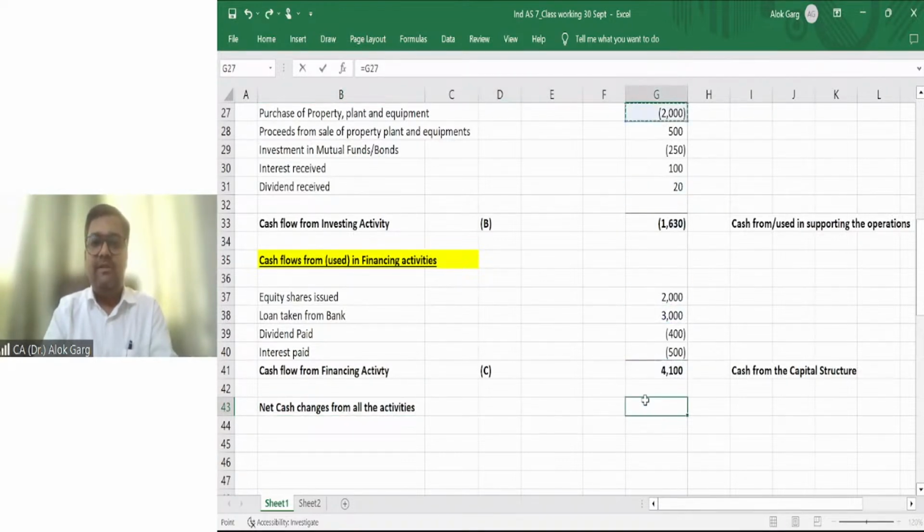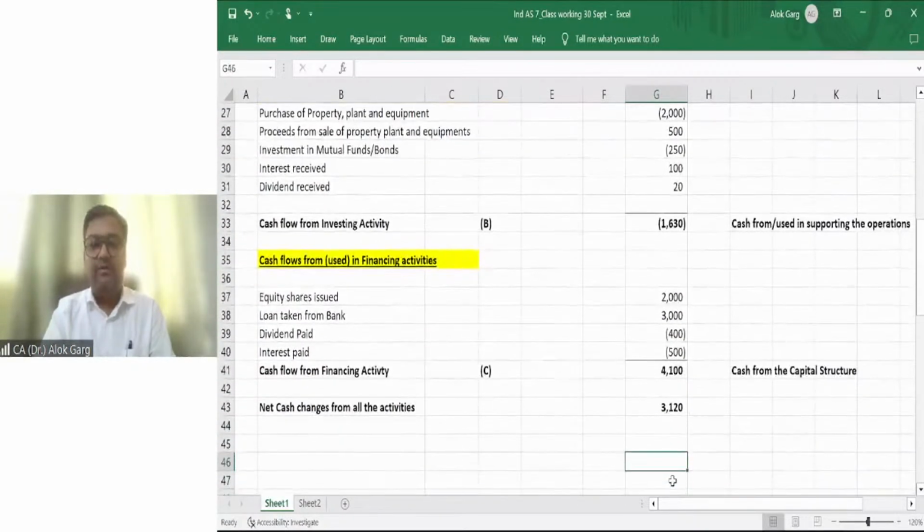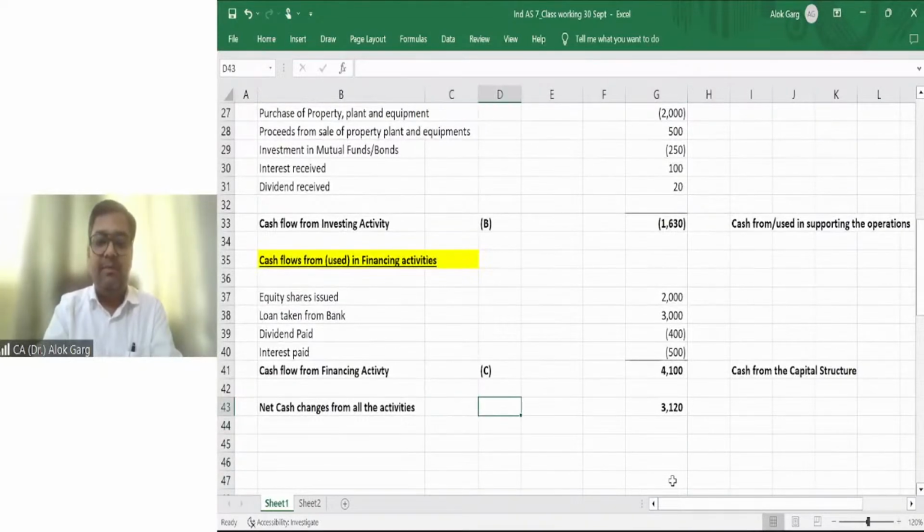From your A plus B plus C, from your operation, you have generated a cash of 650 crore. From your investing activity, you have deployed funds of 1630 crores. From your financing activity, you have generated a cash of 4100 crores. So this is your A plus B plus C.